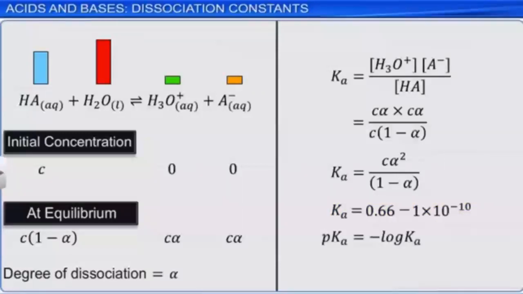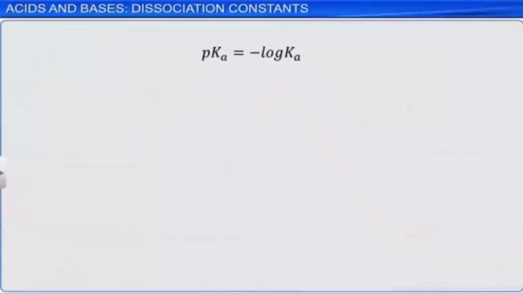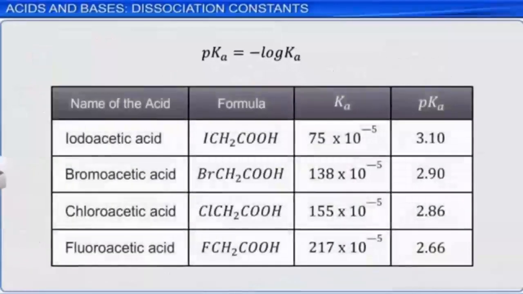The stronger the weak acid, the higher the value of Ka, and the lower is the value of pKa. For example, among the halogenated fatty acids, fluoroacetic acid, with a higher value of Ka and lower value of pKa, is the strongest. The dissociation constant Ka helps us in calculating the pH, equilibrium concentration, and degree of dissociation of a given weak acid.